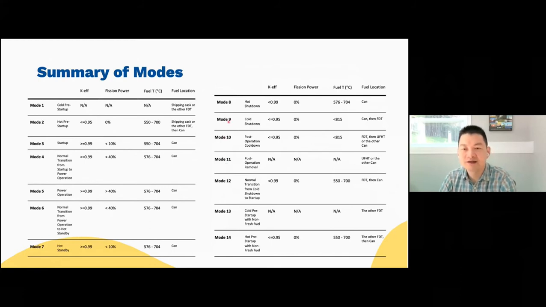And the other 2 modes, 9 and 10 here, are just for replacement of the cans. So the operation is very similar, but we have more modes for replacing the cans or transferring the fuel. And now we have this table that at least summarizes all the modes. So I'm not going to go into details, but once we share the slides, you will see the summary here.